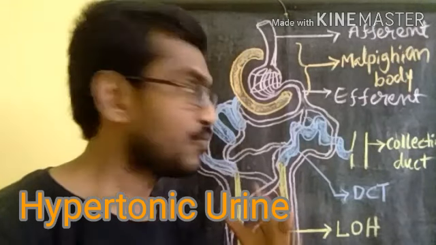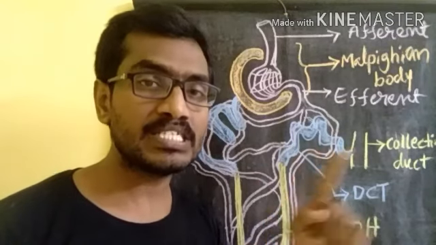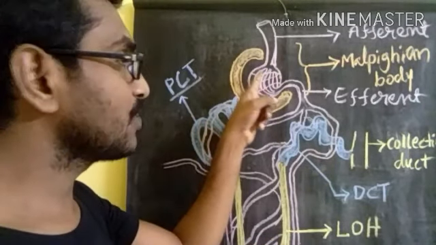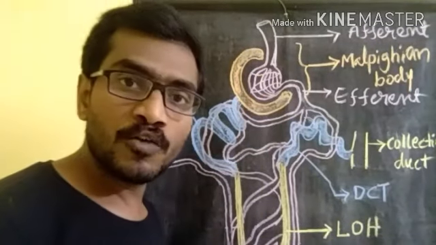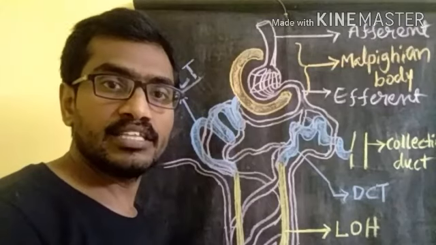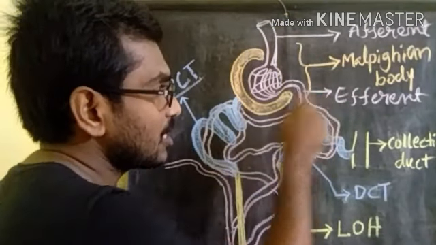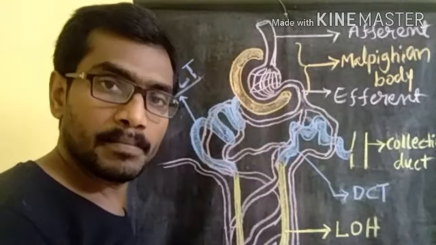So let us see one by one what happens. What is the first step? That is glomerular filtration, which takes place here. As a result of the difference in the lumen of the afferent and efferent arteriole, pressure is created on the blood.